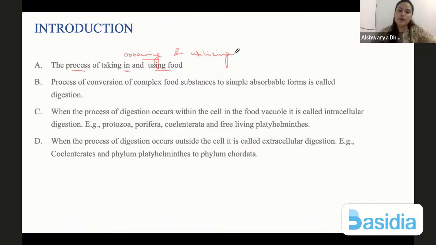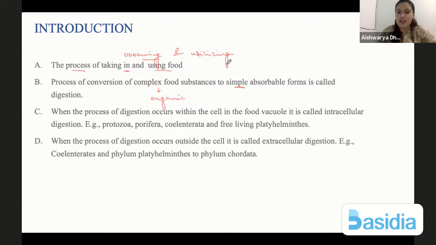And if you have to give a proper definition, it is the process of conversion of complex food substances into simple absorbable forms. That means complex food substances, like maybe we are eating certain kind of organic compounds, and these organic compounds can be in the form of proteins, fats, nucleic acids.